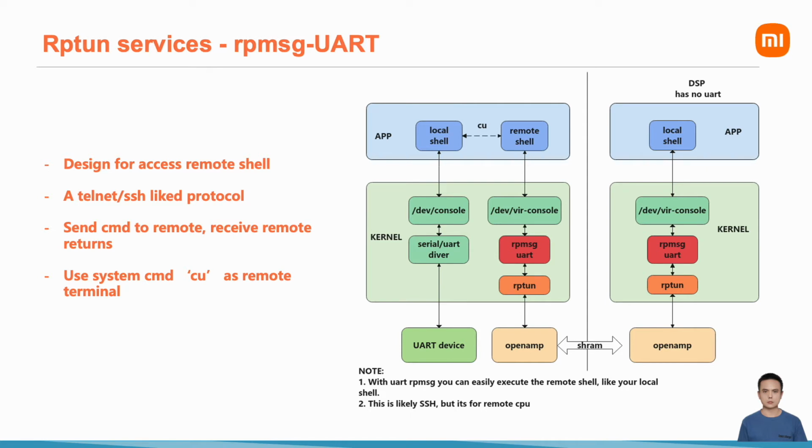First, we create a virtual console device file as a new serial driver. In this virtual device, we create an OpenAMP endpoint connected with the remote shell, or remote CPU. The remote CPU also creates a virtual device and the OpenAMP channel corresponding to it.